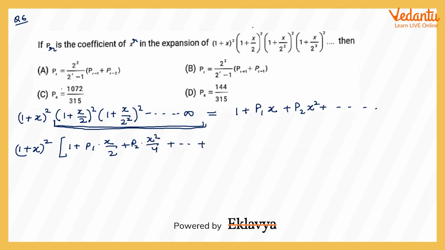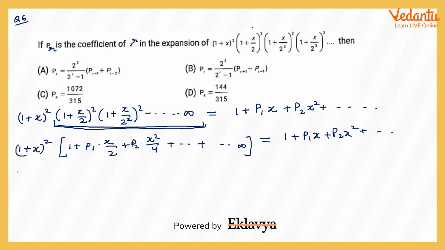In fact, as I have to find the relation between p_r and p_(r minus 1) and p_(r minus 2), let us write this up to infinity, and this will be equal to 1 plus p_1 x plus p_2 x squared, and so on.